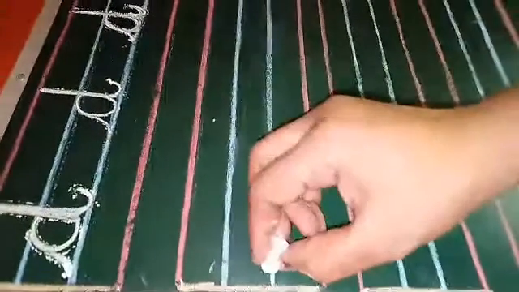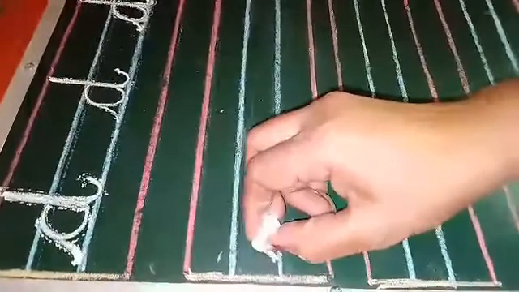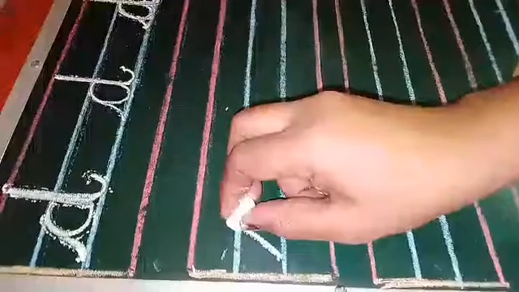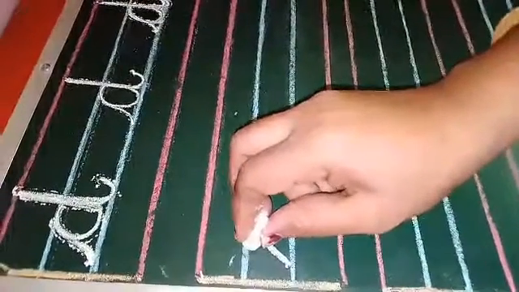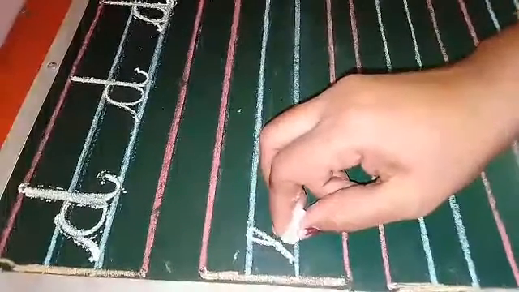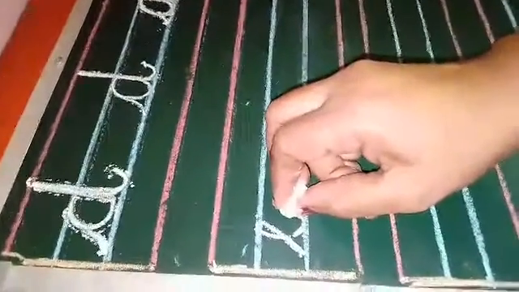Upward from third line to second line, like a slanting line. And then round it and downward, second line to third line and a little bit upward.